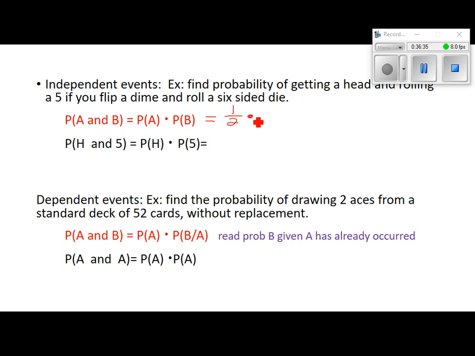On a 6-sided die, what's the probability of rolling a 5? 1 out of 6. And all I do is multiply those two and I get 1 out of 12. So the probability that I get a head and a 5 is 1 out of 12.